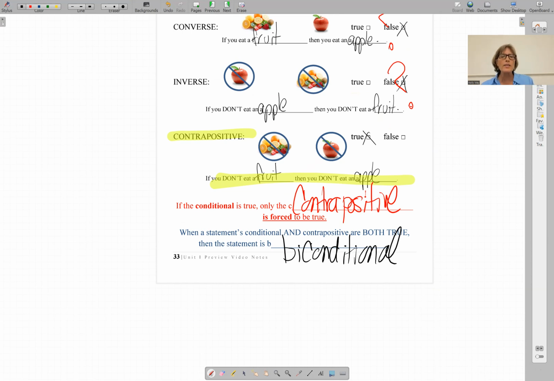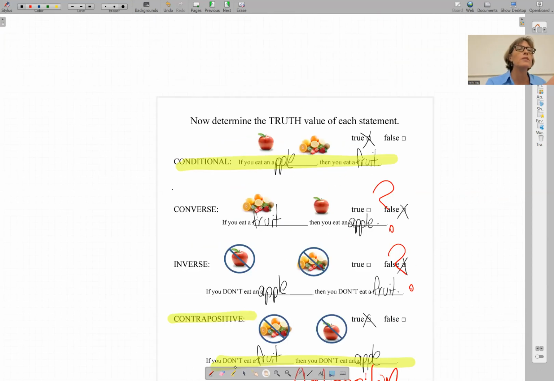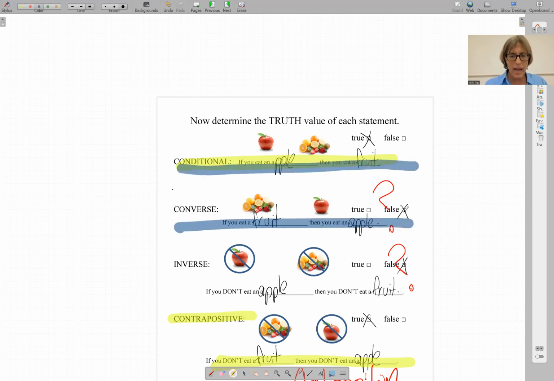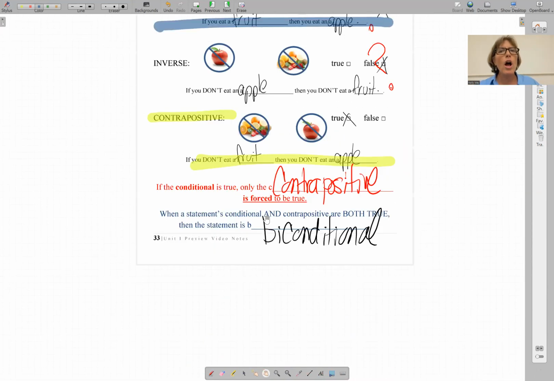However, if a conditional and its converse are both true together, we call that statement biconditional. A lot of geometric true statements are biconditional.